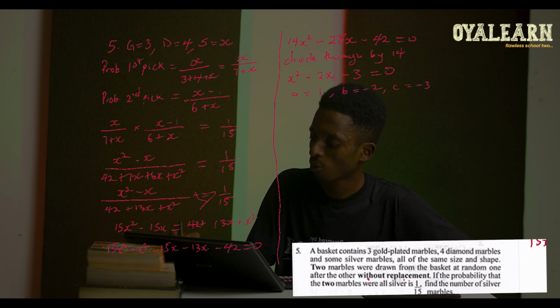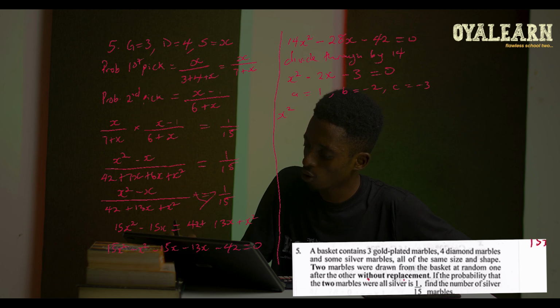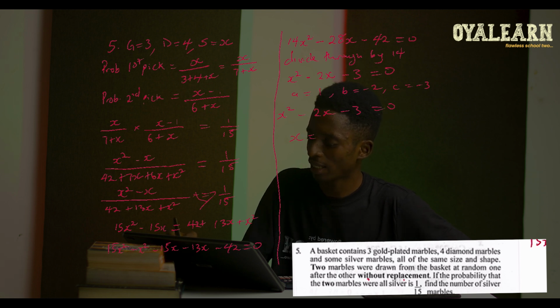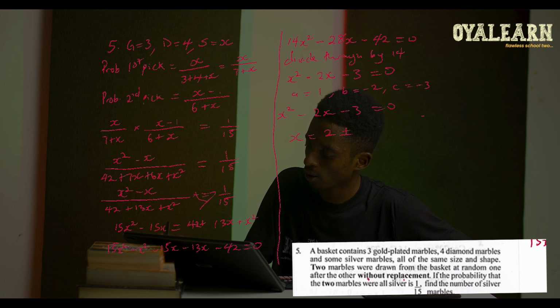So applying the quadratic formula, x equals minus b, that is minus minus 2, which will give us plus 2, plus or minus the square root of minus 2 squared minus 4 times a, which is 1, times c, which is minus 3, all over 2 times a, which is 1.